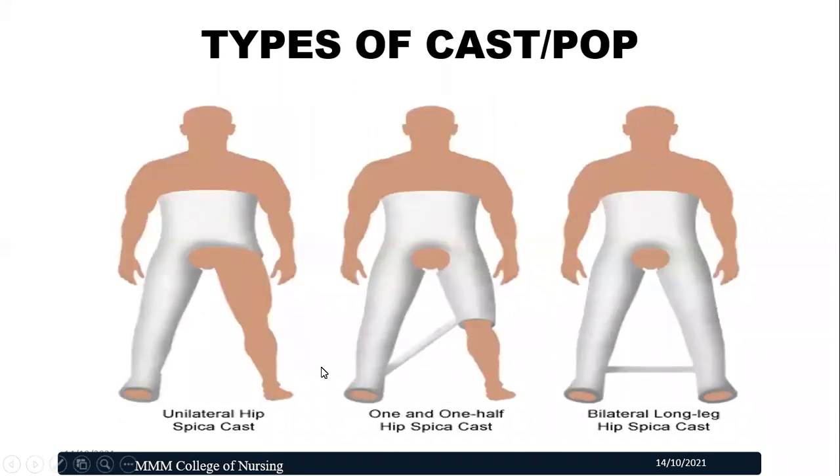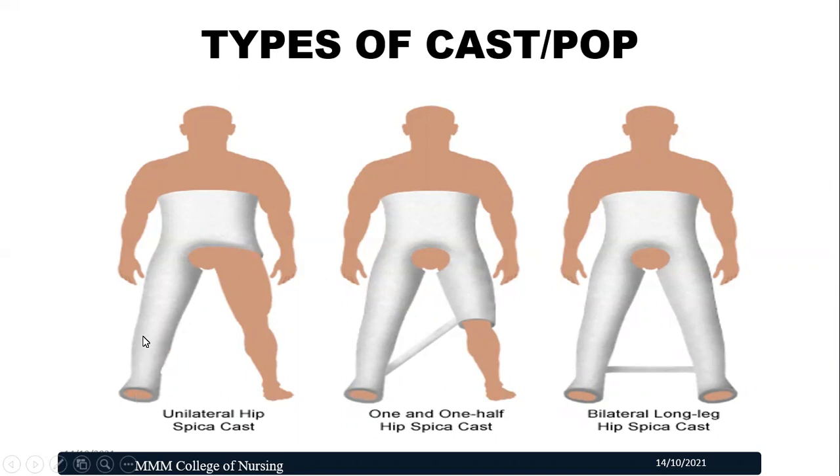Next is the body cast, and this body cast or spica cast has three different types. That is the unilateral hip spica cast, the one and a half hip spica cast, and the bilateral long leg spica cast. This body cast or spica cast usually encircles the trunk and extends into the leg.